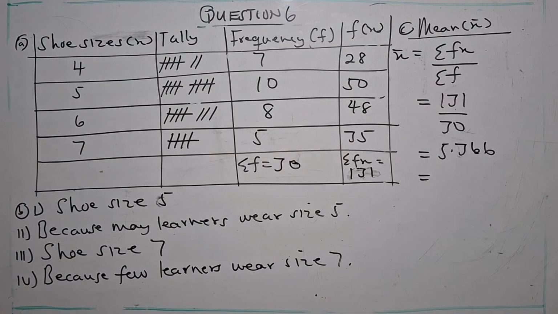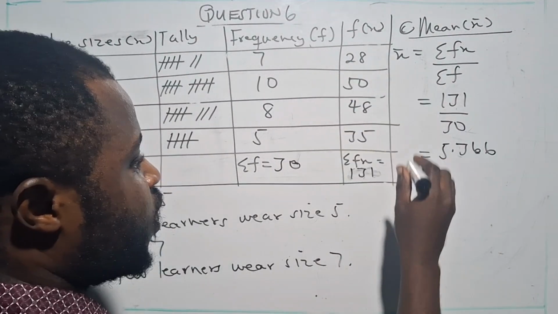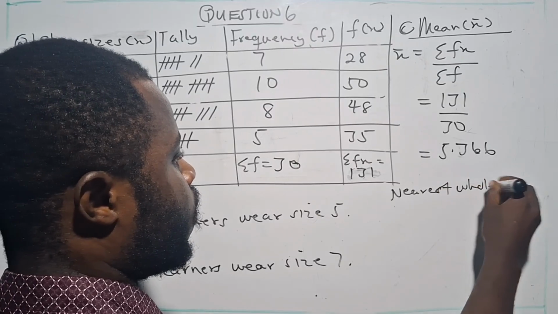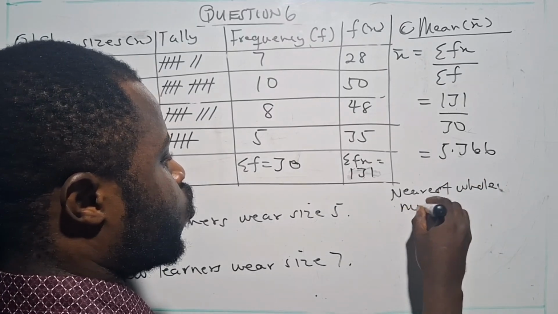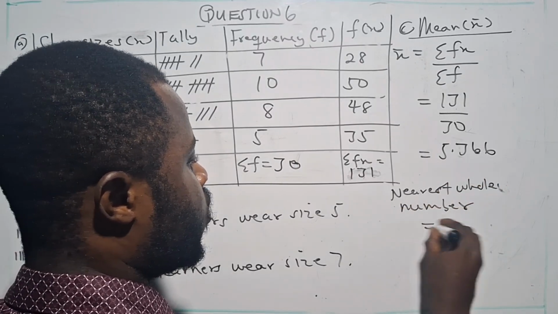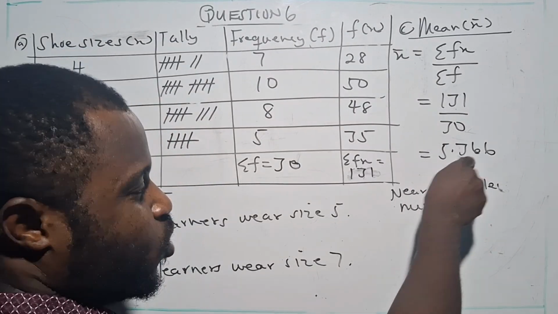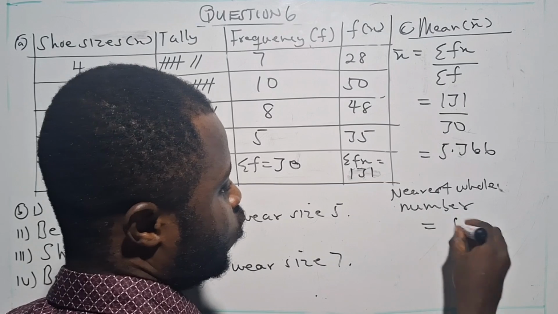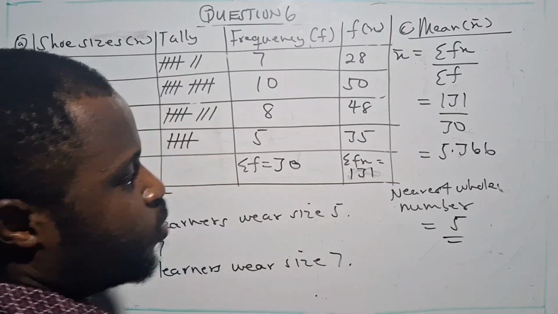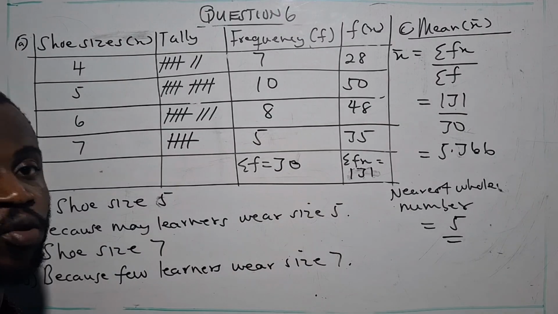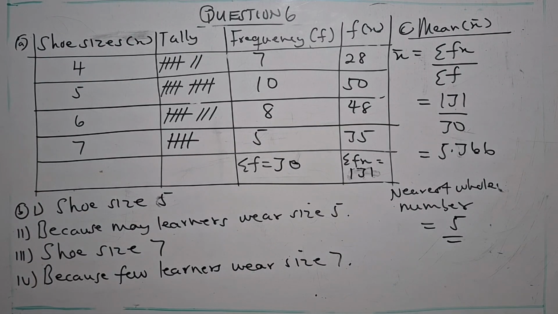Yes, 5.366. But they say we should leave the answer in the nearest whole number. The nearest whole number is going to be 5. The number after it is 3, which is not a roundable number. So it's going to be 5. So assuming here's a roundable number, we are going to add 1 to it. And you know roundable numbers, I've treated it on my channel, rounding off numbers. You can check it out.